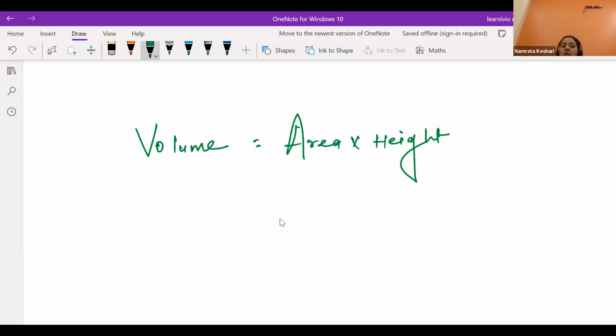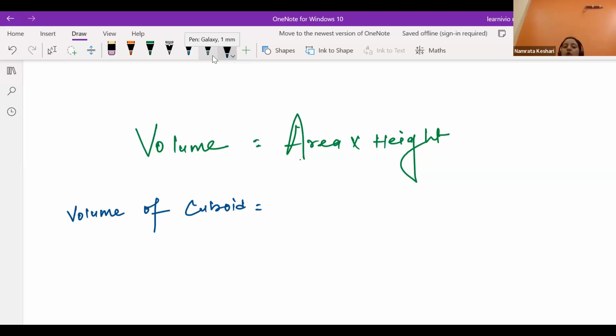Similarly, I'm writing all the formulas here. If we are talking about the volume of a cuboid, just the formula you need to know: volume is area into height.